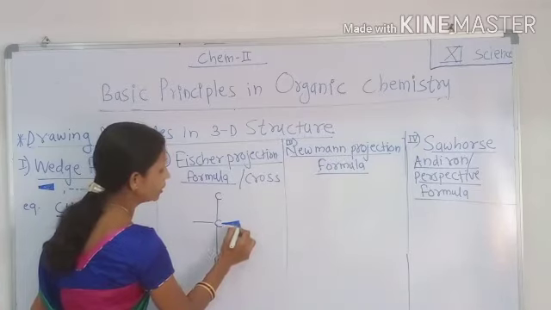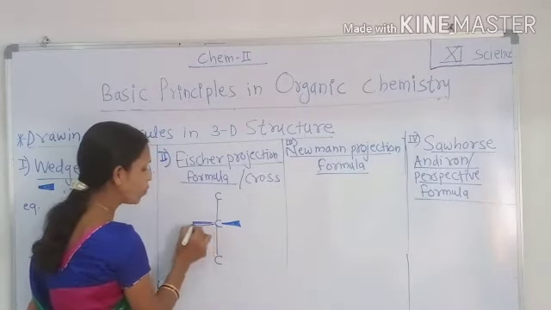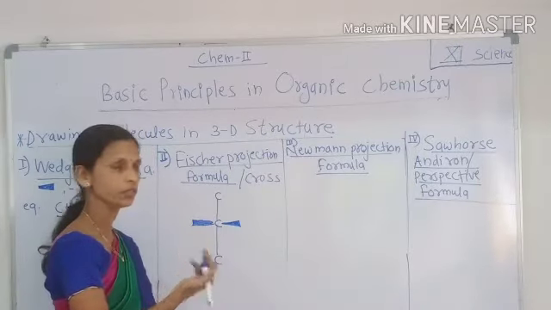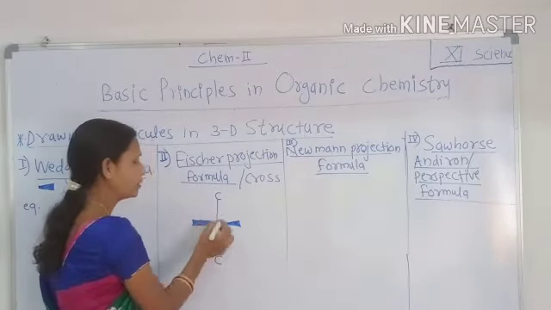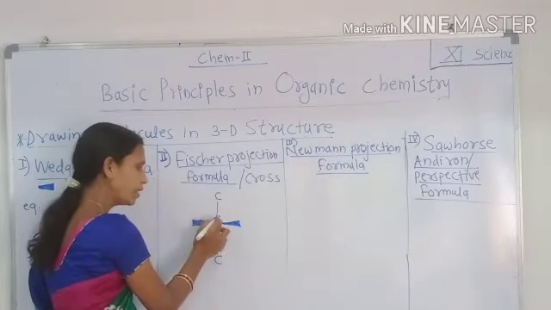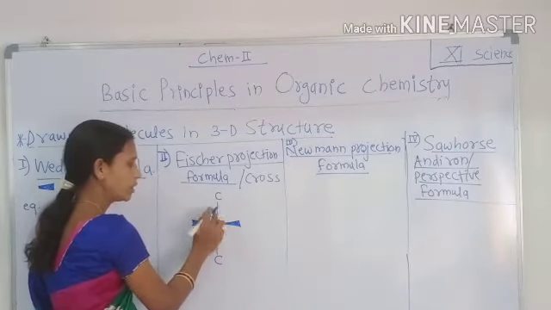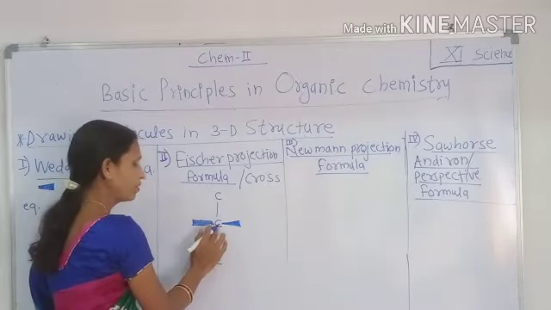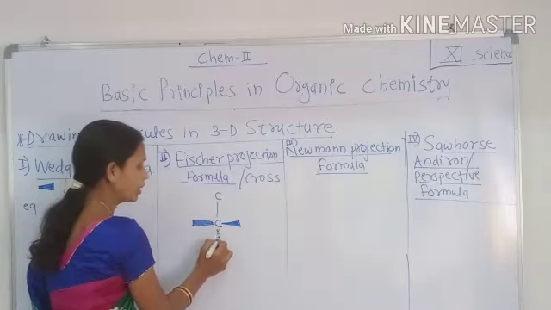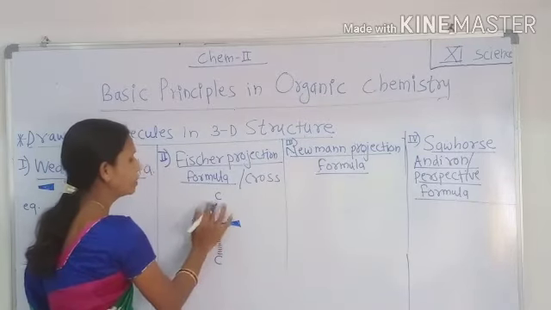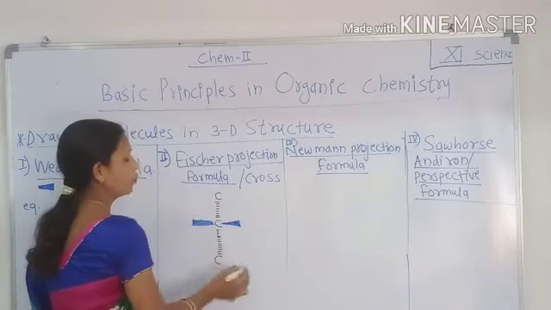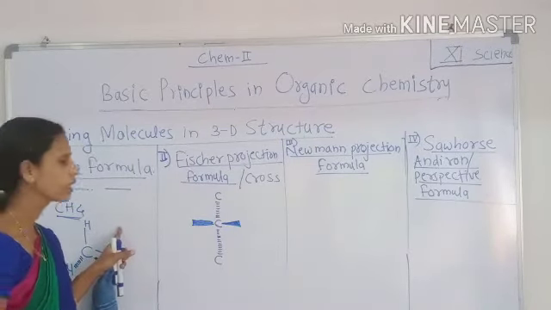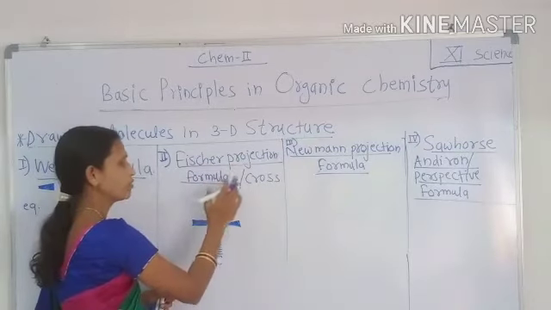That means these indicate that these bonds are upward of the paper, and the bonds which are represented by the vertical line are projecting to the backside of the paper. That means we can draw the structure of an organic compound using Fischer projection formula.